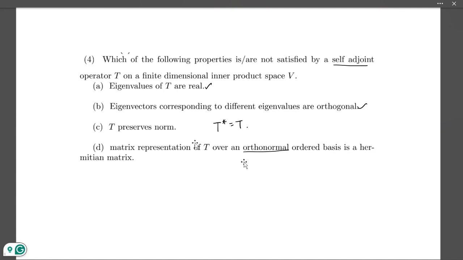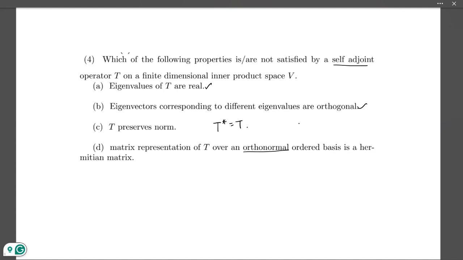So can we show that T preserves norm, or is it obvious for a self-adjoint operator? What is a self-adjoint operator? This option should be incorrect, because we saw that unitary operators preserve norm, right?